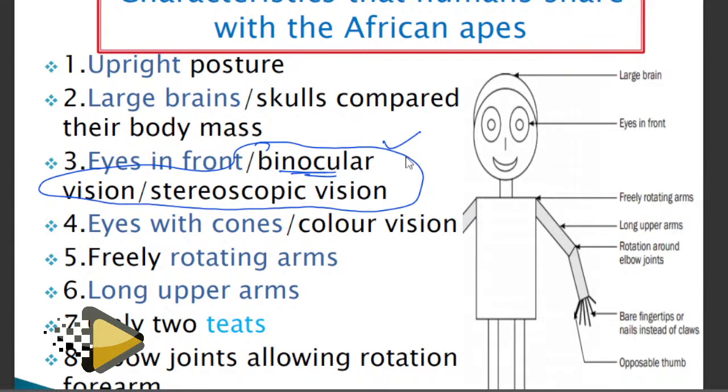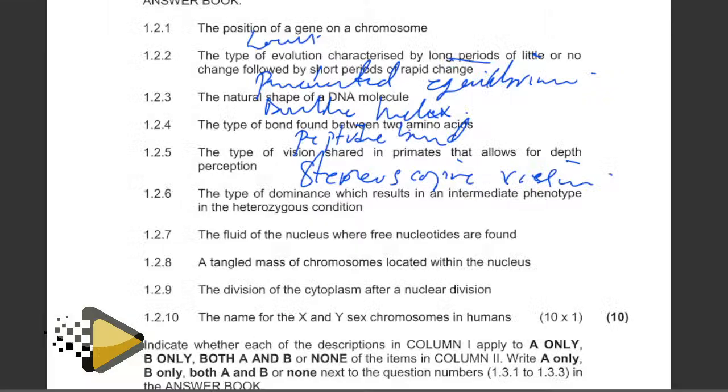But those who wrote stereoscopic, 100% correct. Because they didn't just say eyes in front, they talked about the perception. However, binocular also brings about that perception. So someone is saying that you wrote binocular, don't be worried, you could be credited for that.